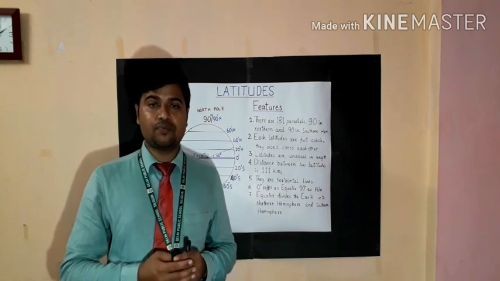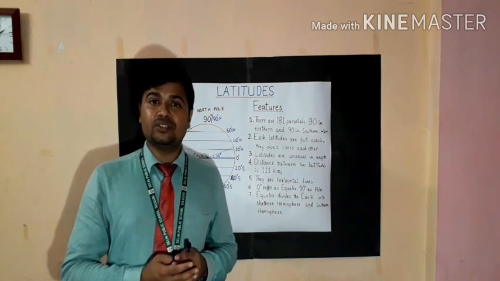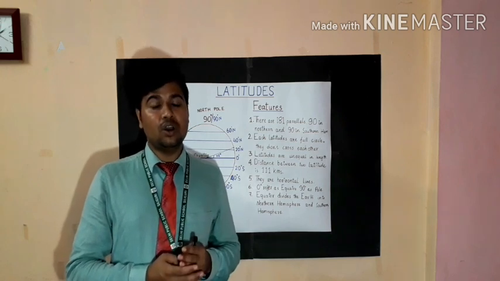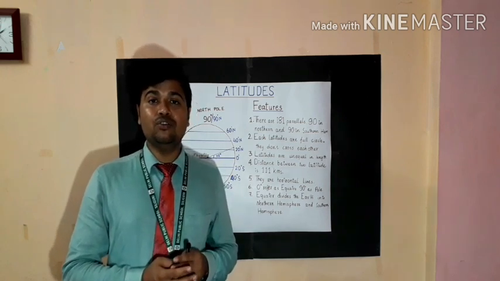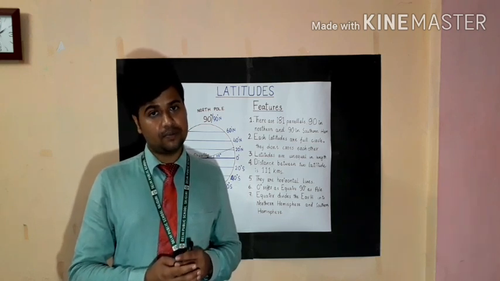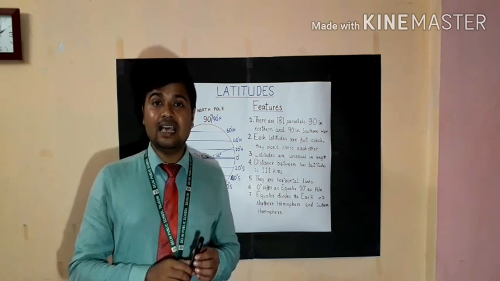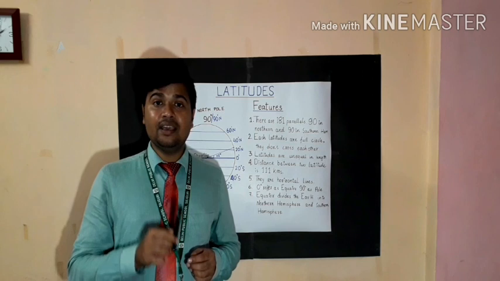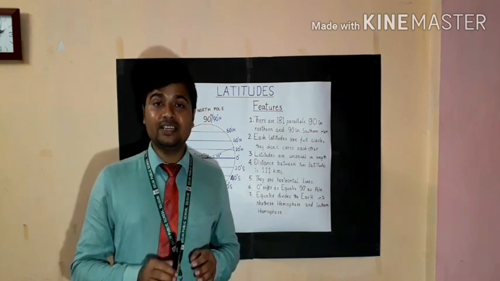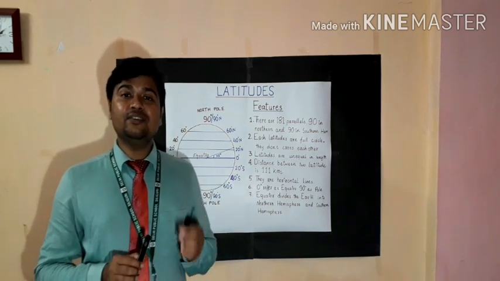Let's recall once. What is a globe? A globe is a three-dimensional representation of our earth, or we can say a globe is the miniature version of our earth. Now next is axis. What is axis? Axis is an imaginary line on which an object rotates. Now next is equator.